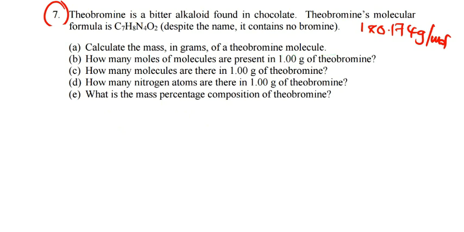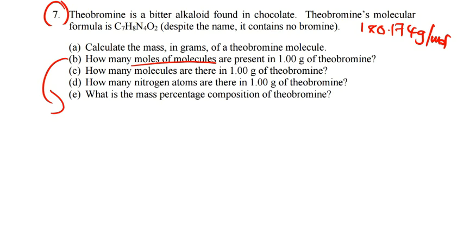And then for B, how many moles of molecules are present in a gram of theobromine? Here we want to find the number of moles of molecules present in a gram of theobromine.